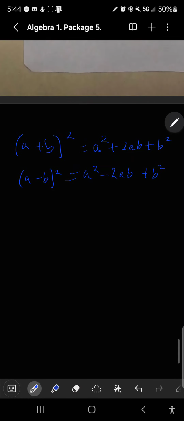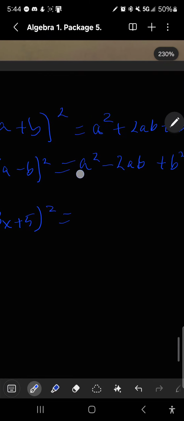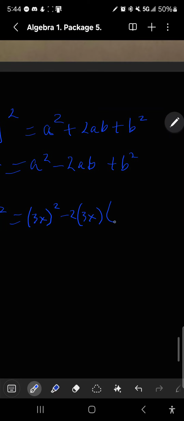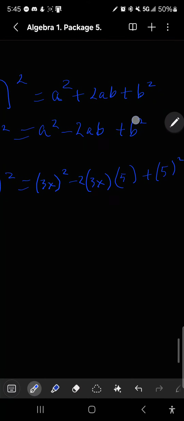Now I just mean, for example, if I have 3x plus 5 squared, I'm just making it up, then a will be 3x, so it will be 3x squared minus 2 times 3x times 5, plus 5, which is b squared.